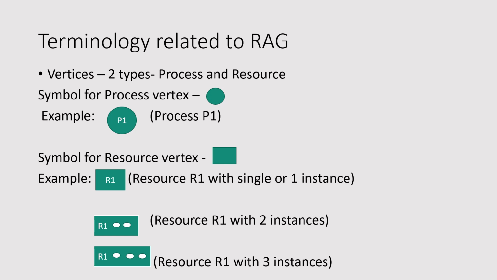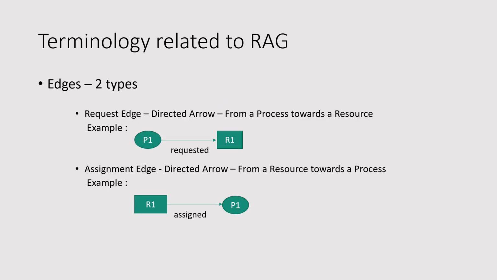Now let us talk about the edges. We have two types of edges: request edge and the assignment edge. Request edge is depicted as the directed arrow which is from process directed towards the resource. So that means process P1 is requesting for the resource R1.